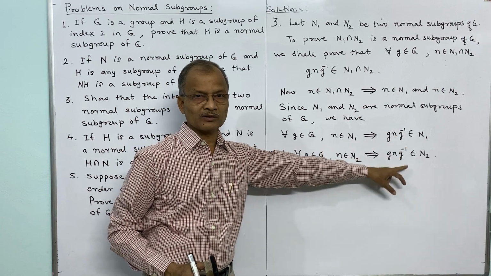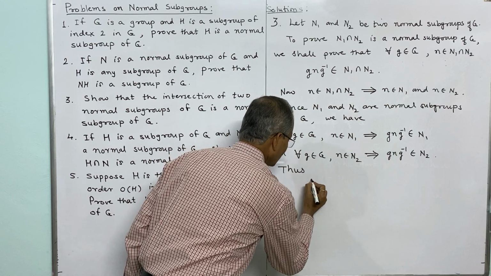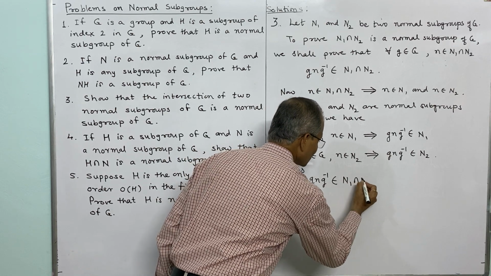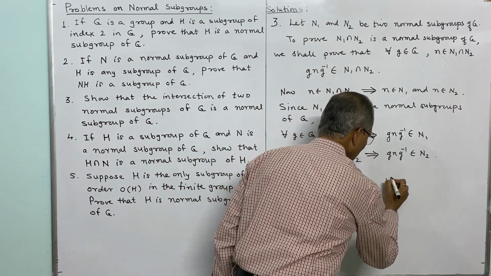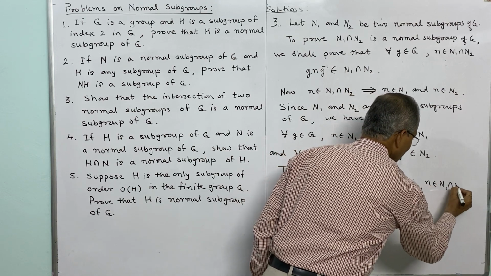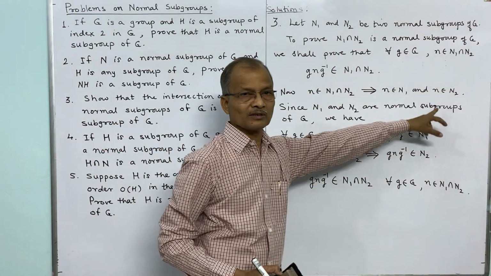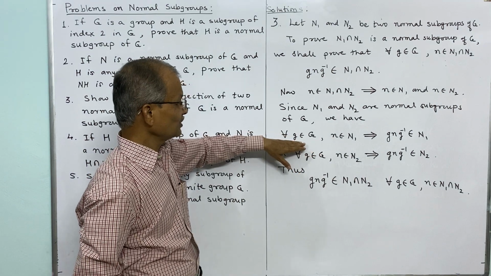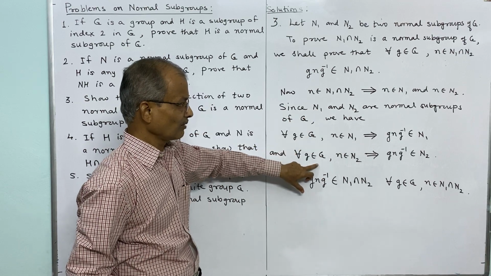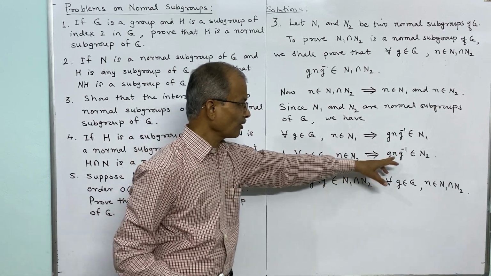It is in N1, it is also in N2, and thus we have g n g inverse belongs to N1 intersection N2 for all g belongs to G, n belongs to N1 intersection N2. We have considered n belongs to N1 intersection N2, that means it is in both. And then we have considered g belongs to G. The definition of normal subgroup is applied for both N1 and N2, and further this implies the element is common to both N1 and N2.